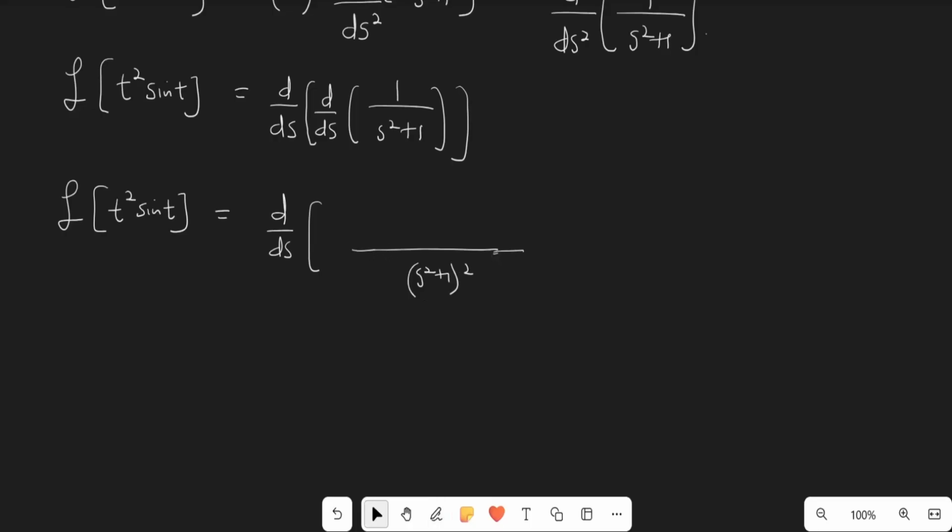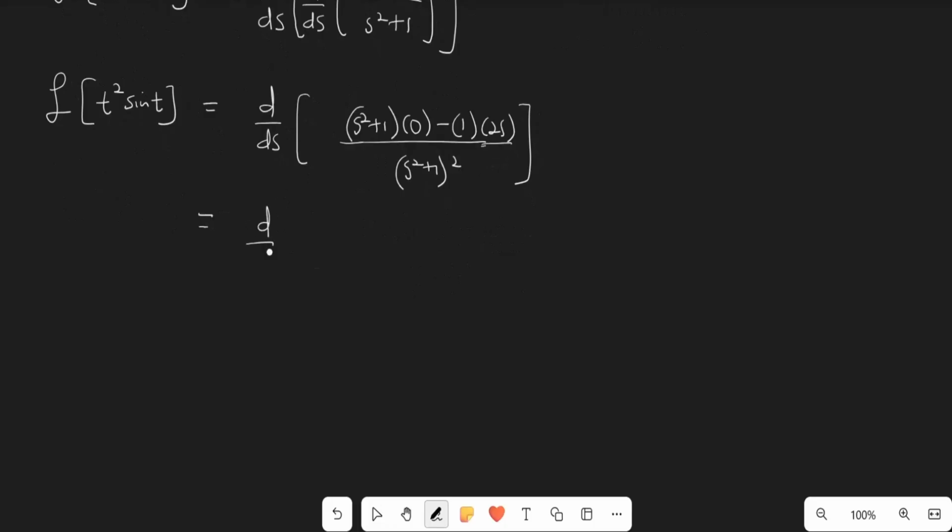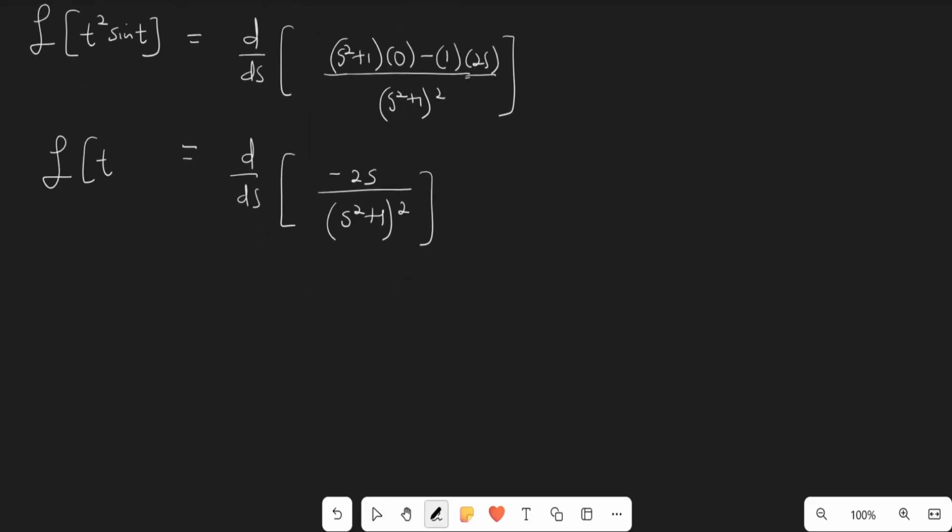Now we keep s squared plus 1 constant and differentiate 1, which is 0, minus keeping 1 constant and differentiating s squared plus 1, which is 2s. So this is equal to d/ds. We are going to differentiate again, but the numerator simplifies to negative 2s, divided by s squared plus 1 all squared. And this is the Laplace transform of t squared multiplied by sine of t.